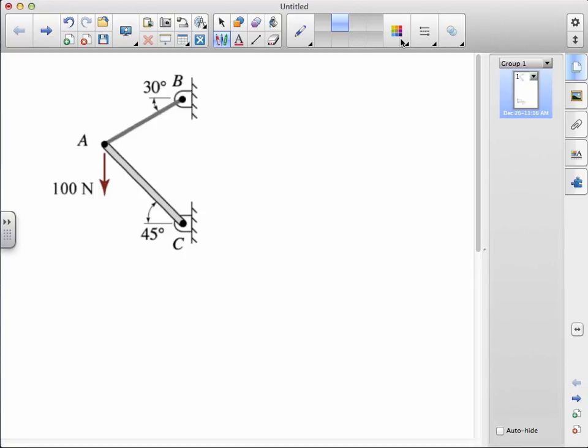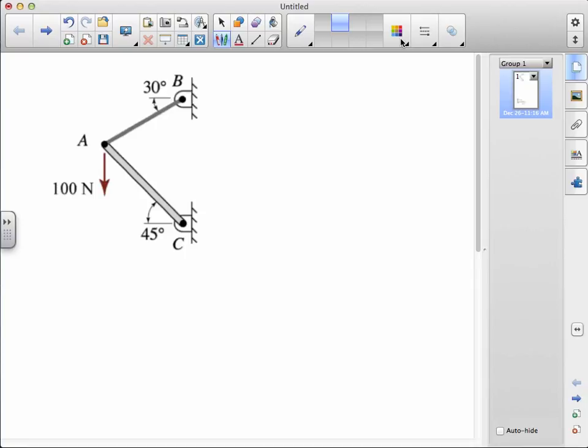The combination of the neglect of self-weight and the presence of pins implies that the bar carries a load only along its length, and this load is uniform throughout the bar. This kind of member, in fact, is called a two-force member, and we will discuss it further in Chapter 6. We also know that the cable can only carry a tension along its length, and the neglect of its weight also implies this tension is uniform.